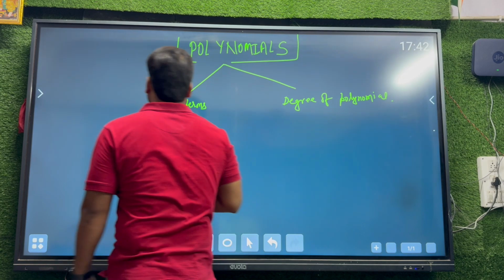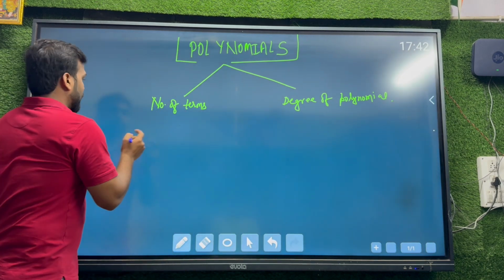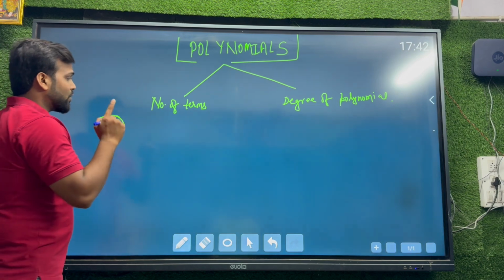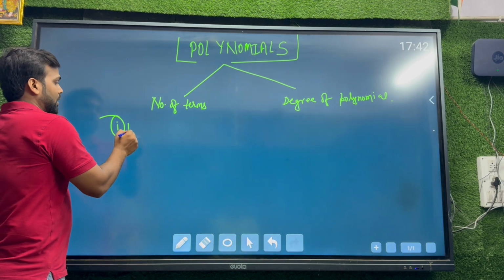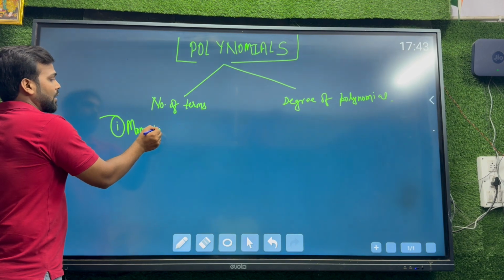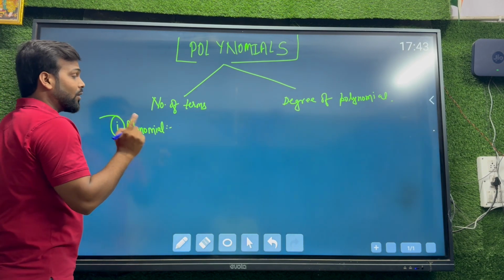Okay, now if a polynomial has only one term, then that is called a monomial. A monomial is basically a polynomial having only one term.